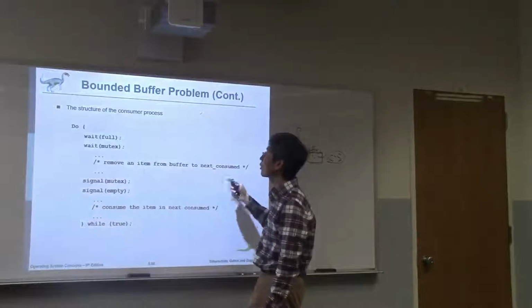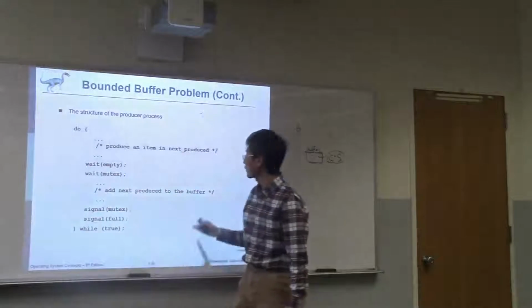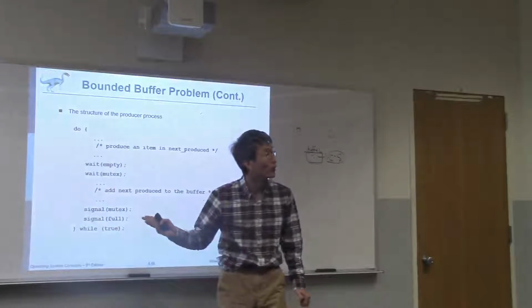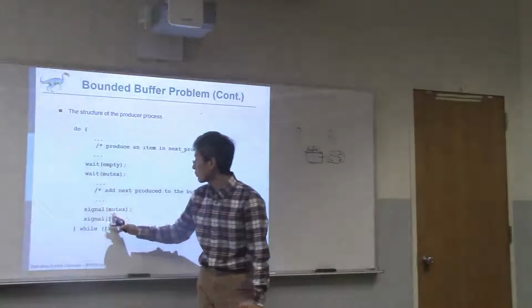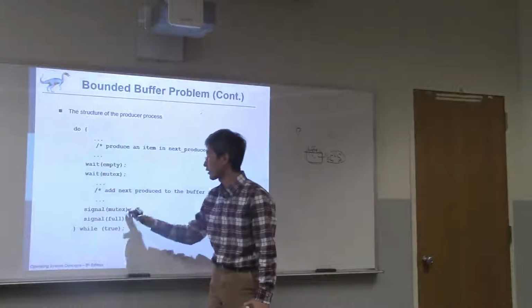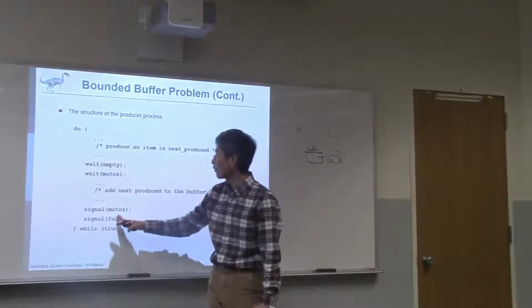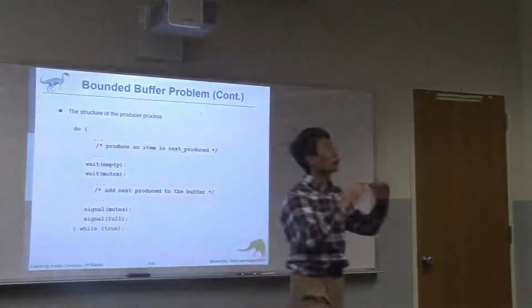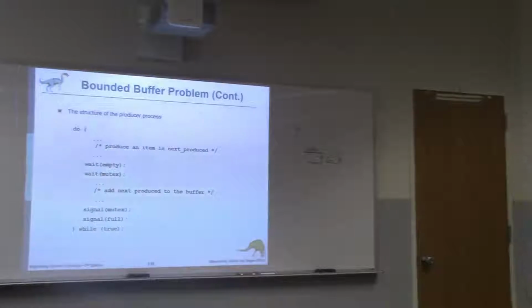Once you complete writing the data to the buffer, release the lock using the signal operation on the semaphore, so somebody else can access it. And signal full means the semaphore for whether the buffer is full.